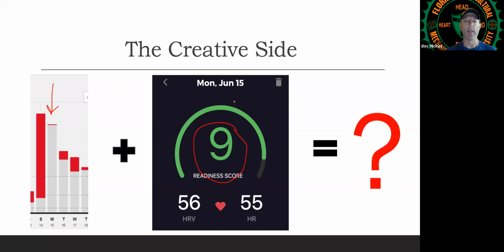What is my balance between my sympathetic and my parasympathetic nervous systems? How prepared are my nervous systems to engage in work that day? What Flow tells me is how ready my cardiovascular system is to engage in activity, to take on a high workload.